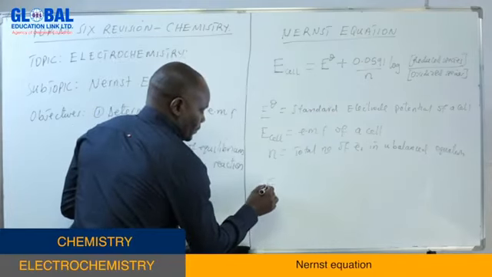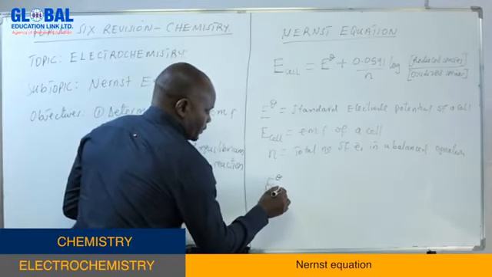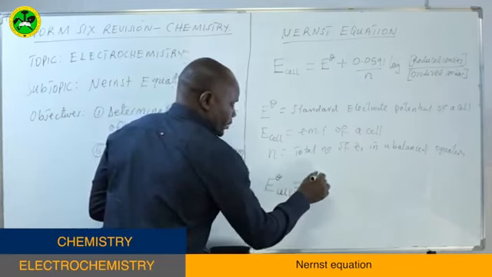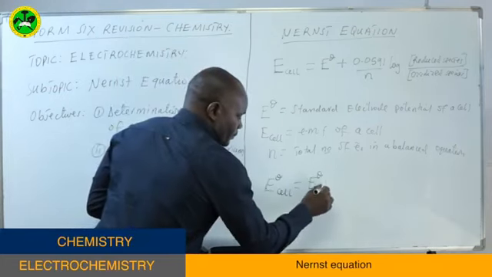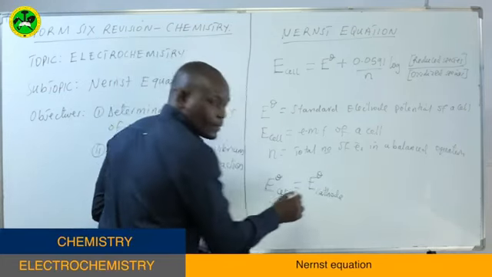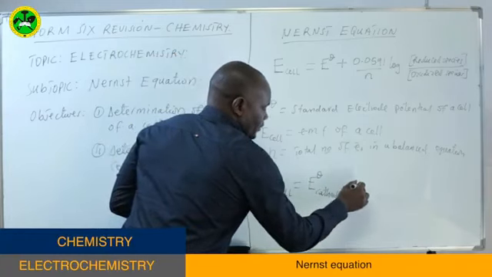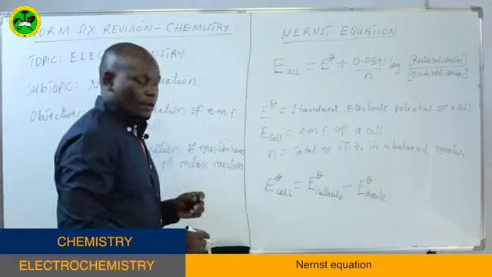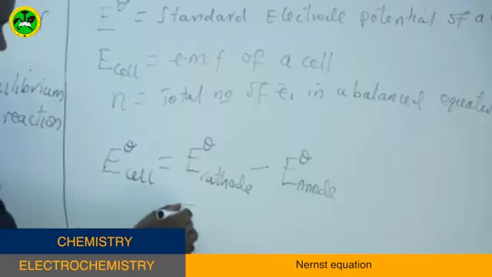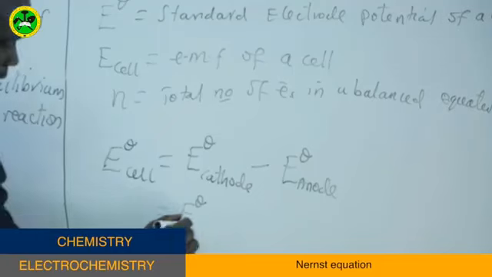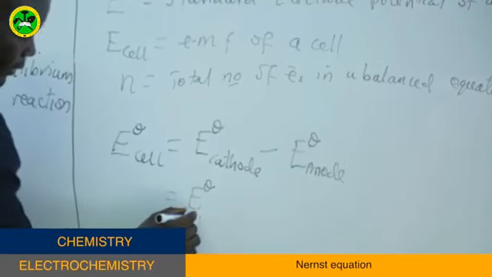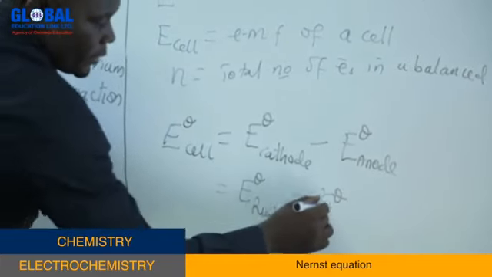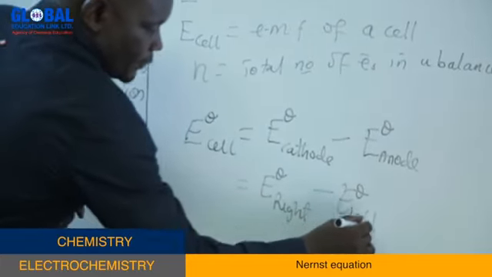The standard electrode potential of a cell is obtained by taking the standard electrode potential at the cathode minus the standard electrode potential at the anode, or the standard electrode potential at right minus that at left.